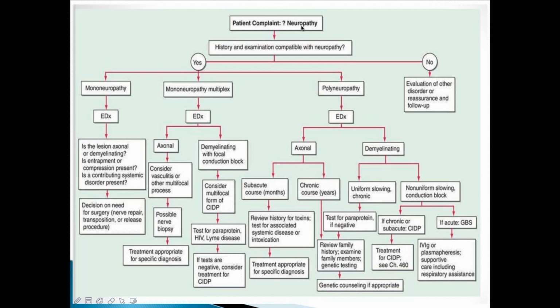This is a constellation and it will follow a typical pattern. What we usually see is a pattern of glove and stocking distribution. If you take the history, you might find diabetes. So this is the pathway when we are proceeding towards polyneuropathy.